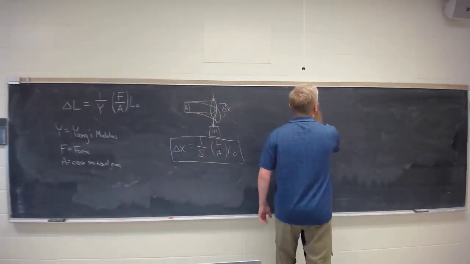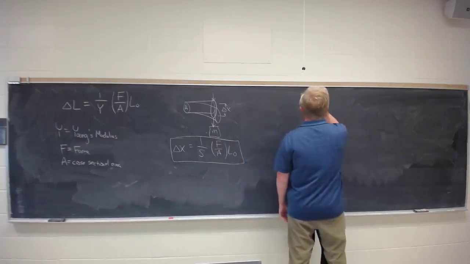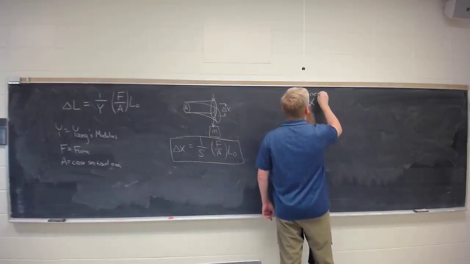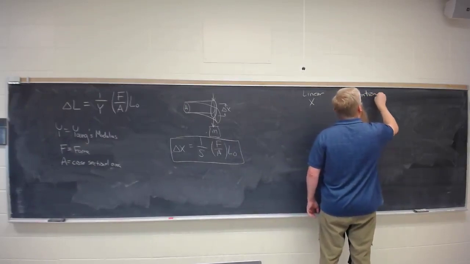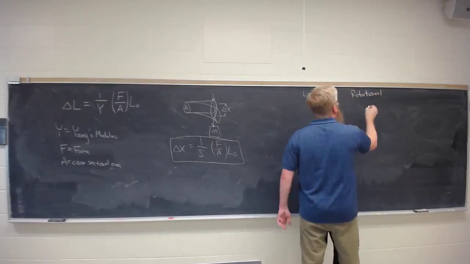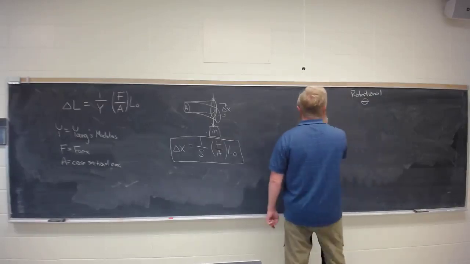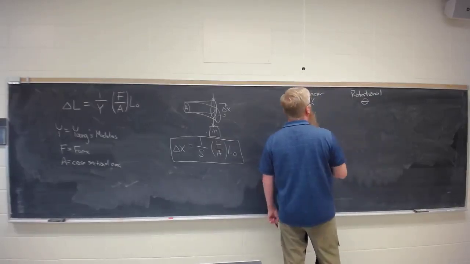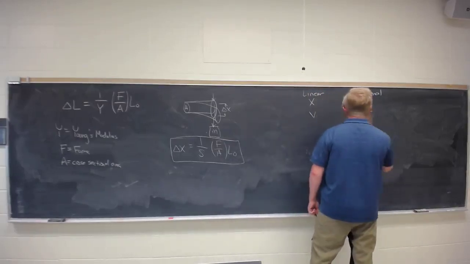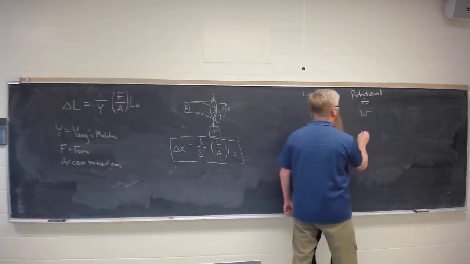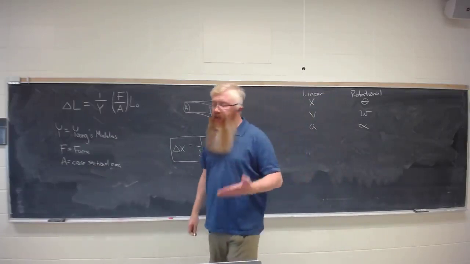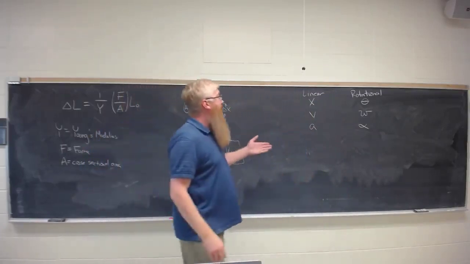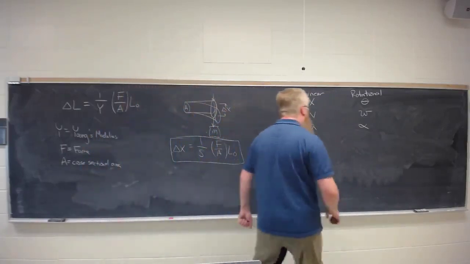Position is x for linear, and theta for rotational. Velocity is v for linear, omega for rotational. Acceleration is a for linear, alpha for rotational. So all of the equations that we had for linear motion, you could have for rotational motion.